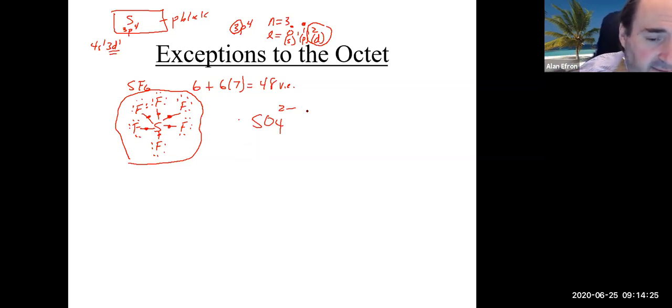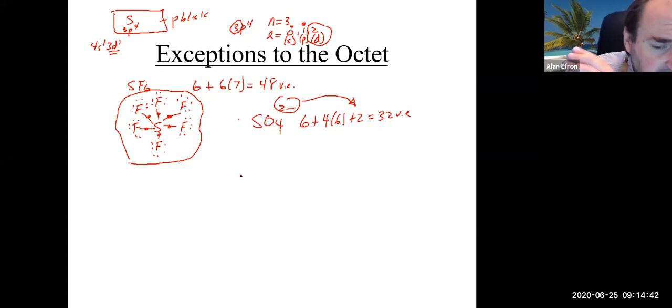If we do sulfate, this is 6 plus 4 times 6 plus 2, again, for our electrons if we're going to draw it. So that's 24, 26, 32, I think. If you follow the rules like we talked about in drawing the Lewis structure for sulfate, you'll have your S, and your four O's.